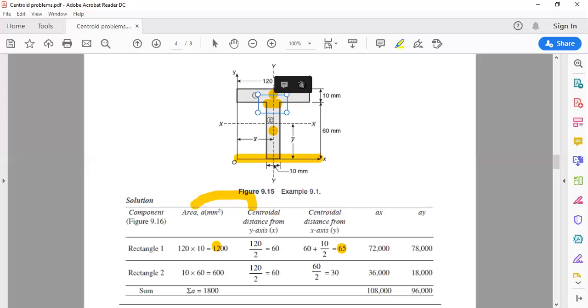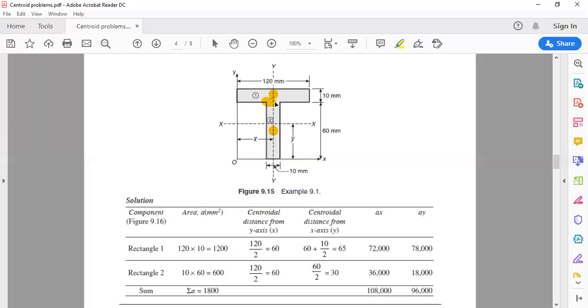Okay. Now let us come to the second rectangle. For the second rectangle also, I am going to write the area, its x bar and its y bar. This is the second rectangle.